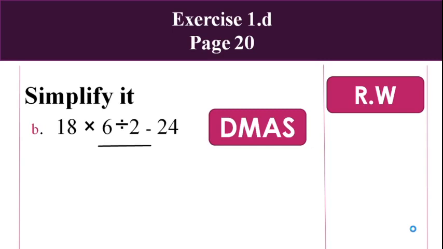So we have to write 18 multiplied by, 2 times what is 6? 2 threes are 6. So I have to write this 3 under this division sign. Why? Because I have done this operation, so I will write the answer under it. And the rest of the question remains the same.